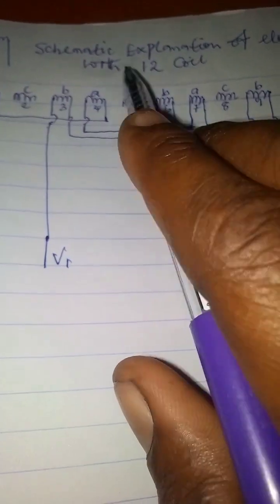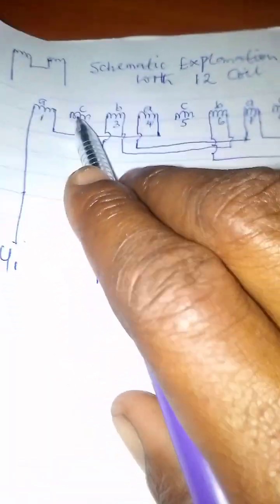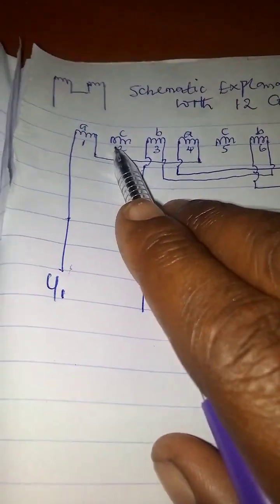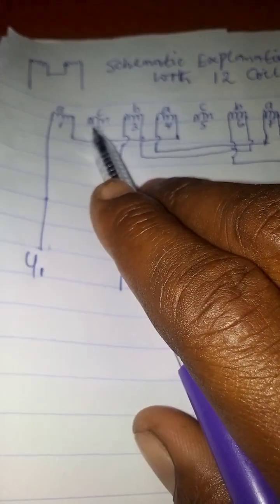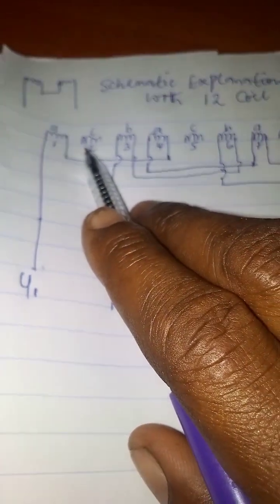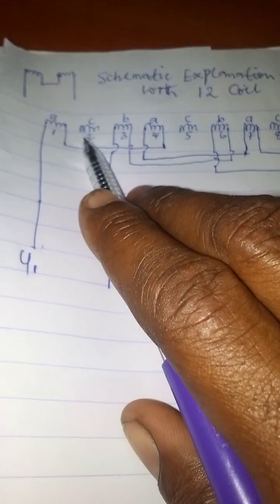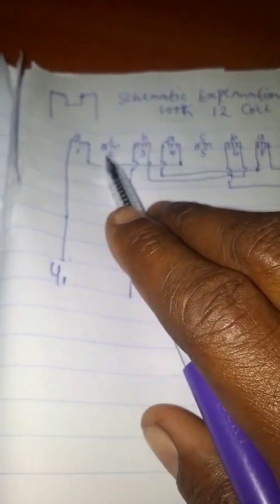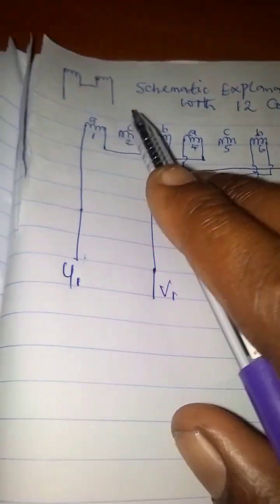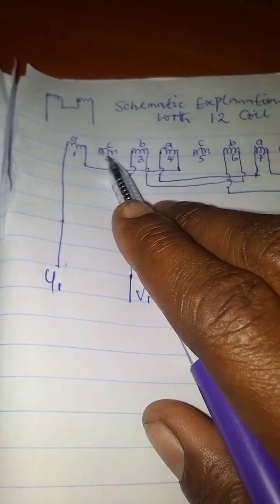This is my first coil of C. If you pick the other one as the first coil for C, the electric motor will not run, or even if it runs, it might blow up because the C phase will not be in phase with the current.